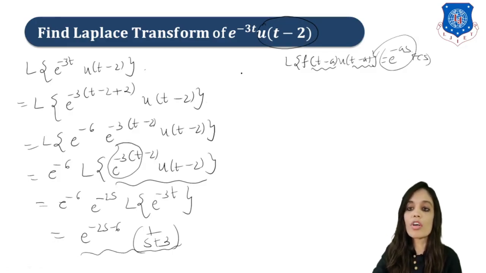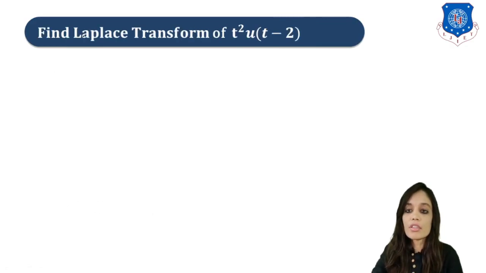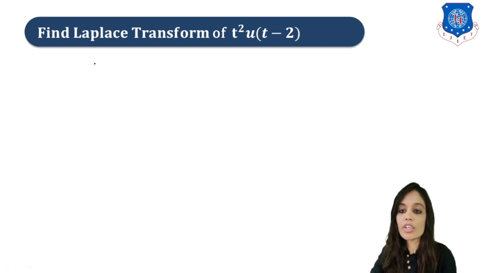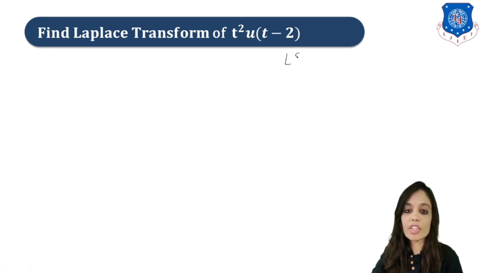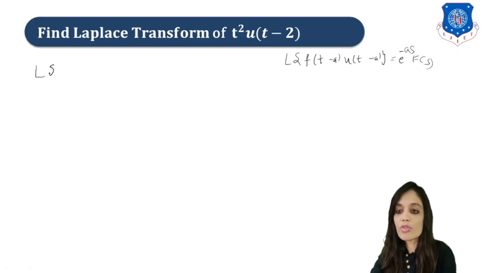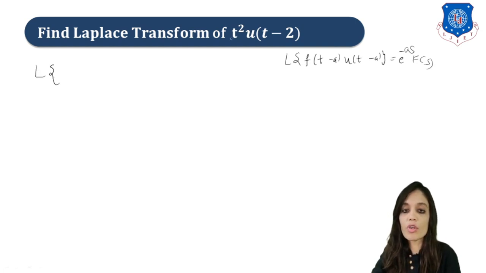Okay, so let us move on to our next example. So we have to find Laplace transform of t square into ut minus 2. Fine. So again we have to apply the second shifting theorem, that is Laplace of f of t minus a ut minus a is equal to e raised to minus as f of s. So again we have to modify this function in the form of f of t minus a ut minus a.